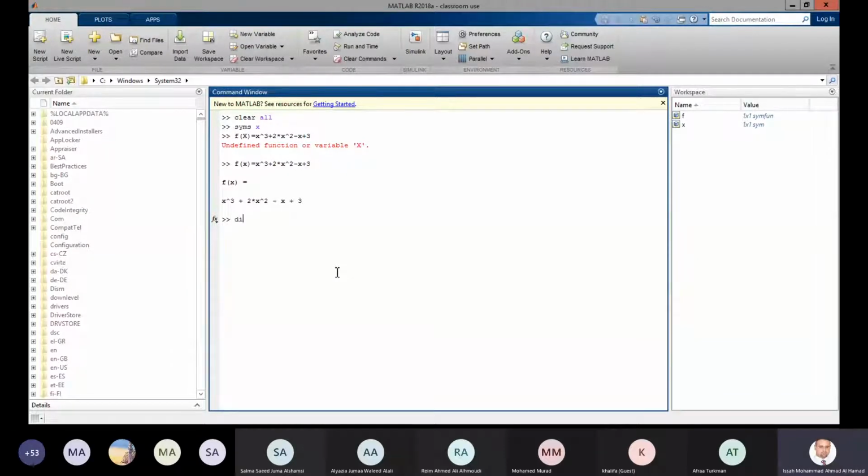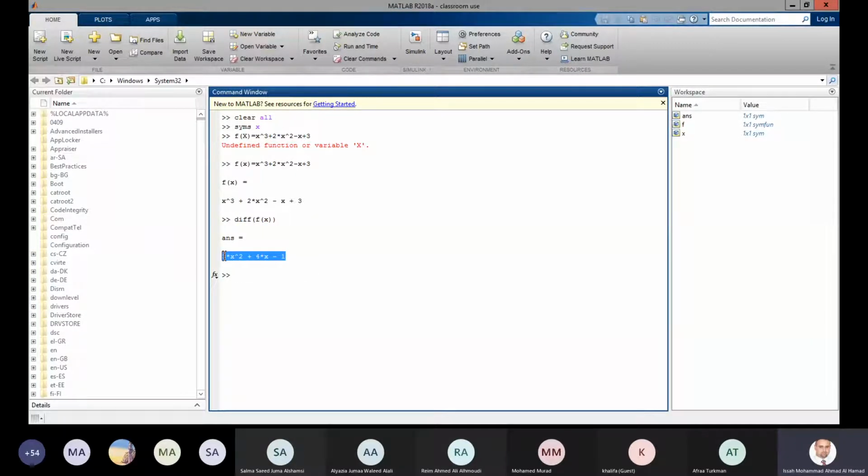Okay, now let's find the derivative of f(x). So it is 3x squared plus 4x minus 1. Let's store this. Please write it down.